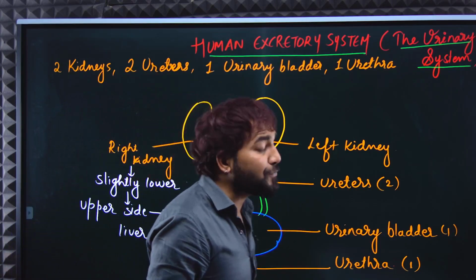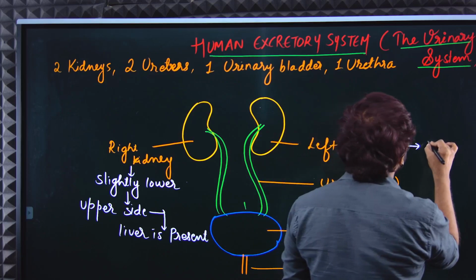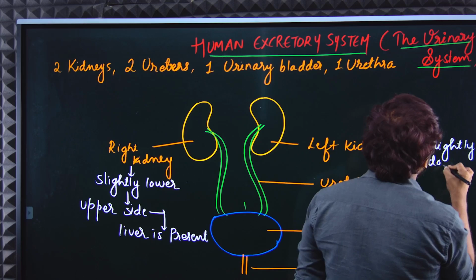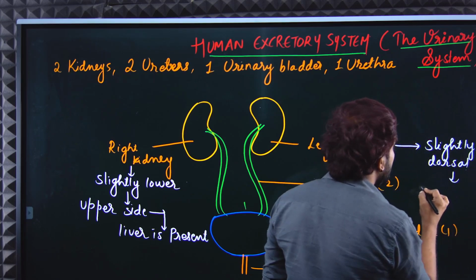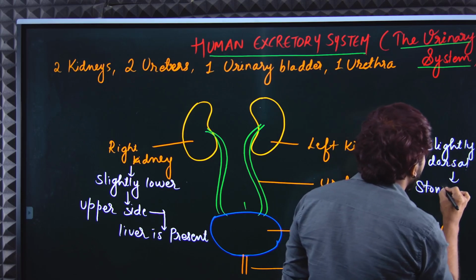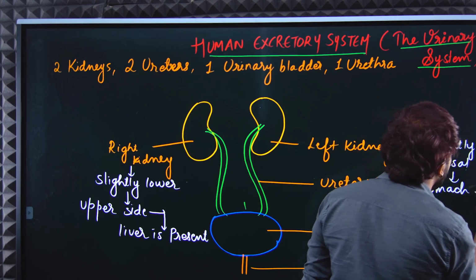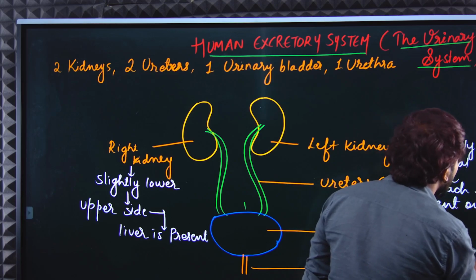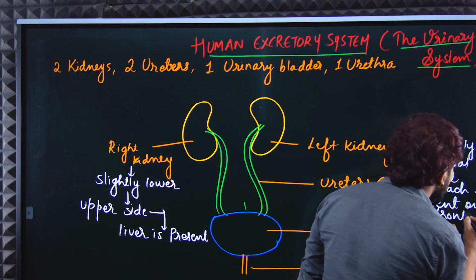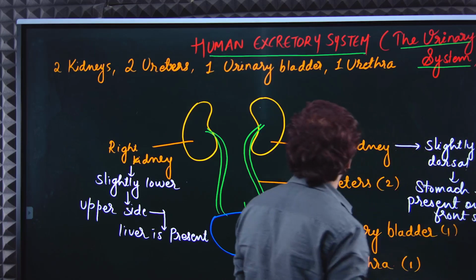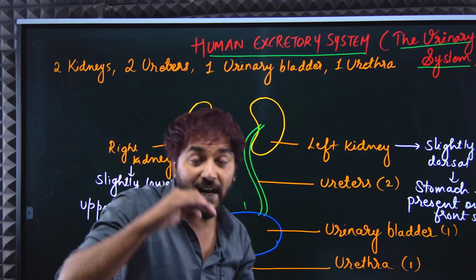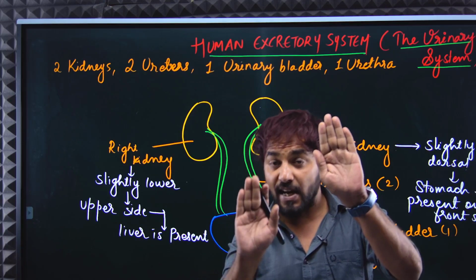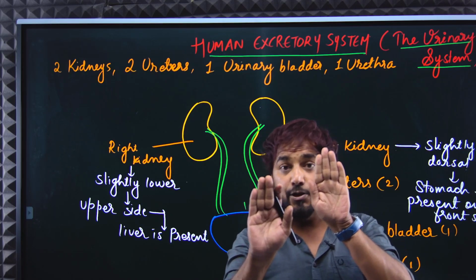When it comes to the left kidney, it is slightly dorsal. The reason is, stomach is present on the front side. So right kidney slightly lower, left kidney slightly dorsal.